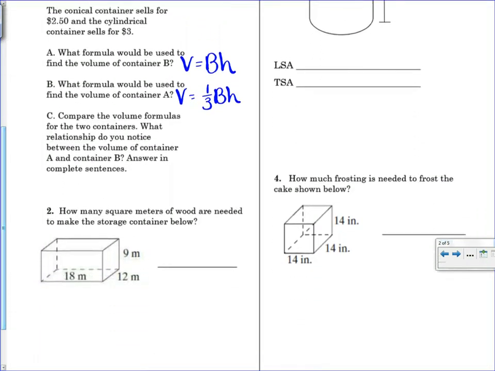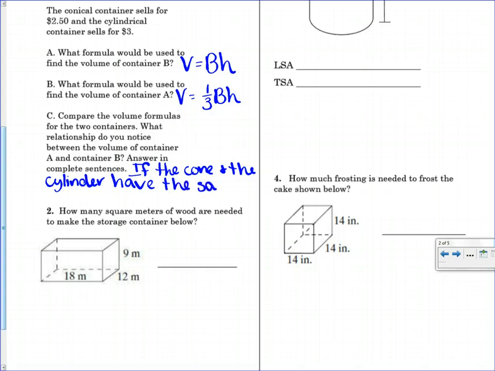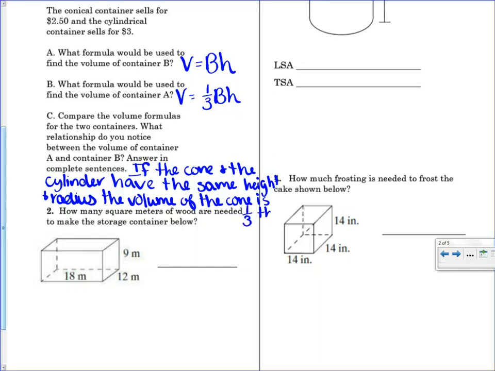So if I'm looking at their formulas, I notice that if the cone and the cylinder have the same height and radius, the volume of the cone is 1/3 the volume of the cylinder.